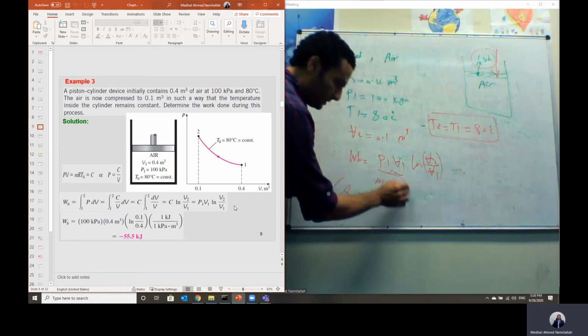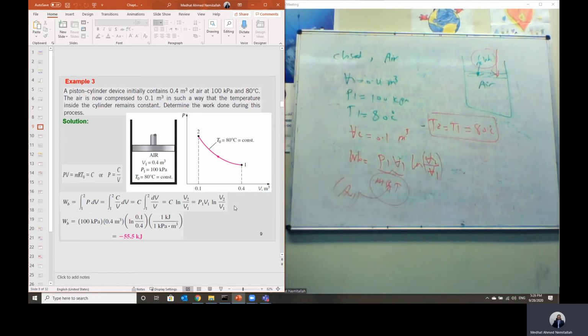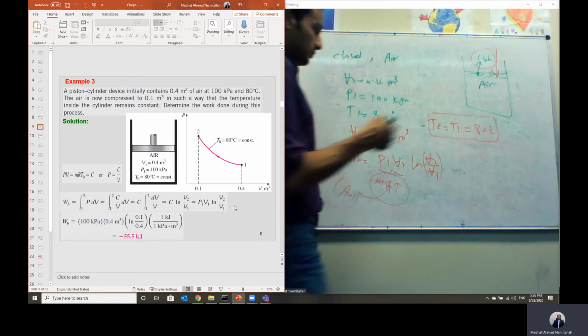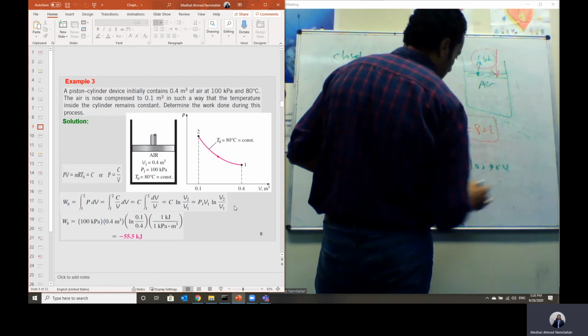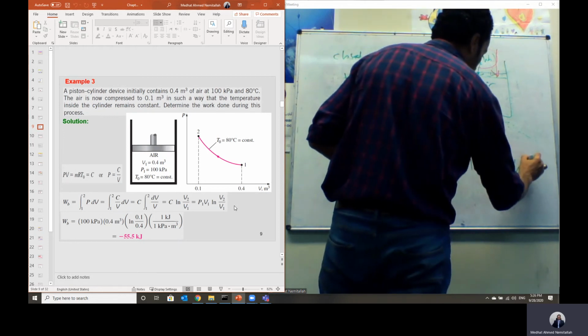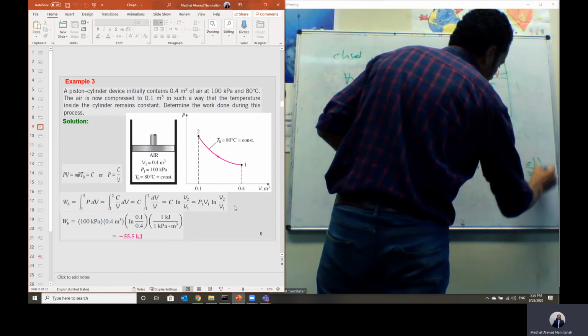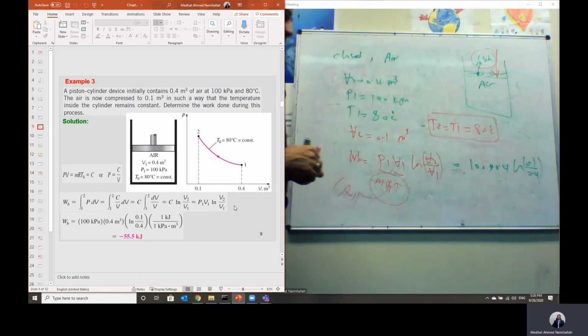If I can consider it as an ideal gas, I can use this equation. Or we can just consider it, since we have P1 and V1 directly. So in this case it will equal P1, which is 100 kilopascal, multiplied by V1, 0.4, ln V2, which is 0.1, divided by V1, which is 0.4.